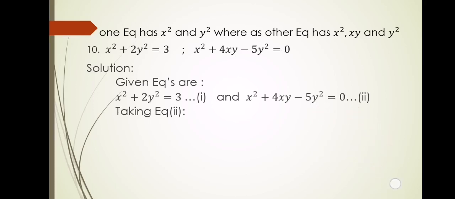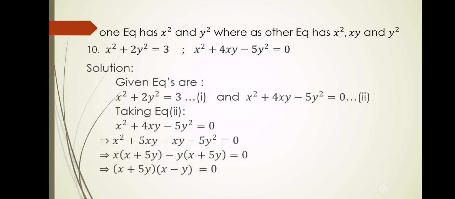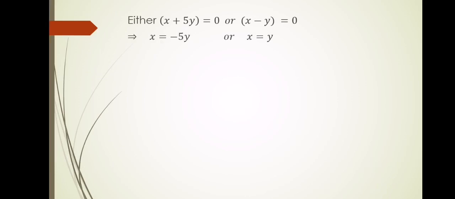Since it is a quadratic one, we can easily simplify it with the help of the factorization method. So applying the factorization method, we just get x plus 5y and x minus y. Applying the possibility, we get x plus 5y is equal to 0 or x minus y is equal to 0.